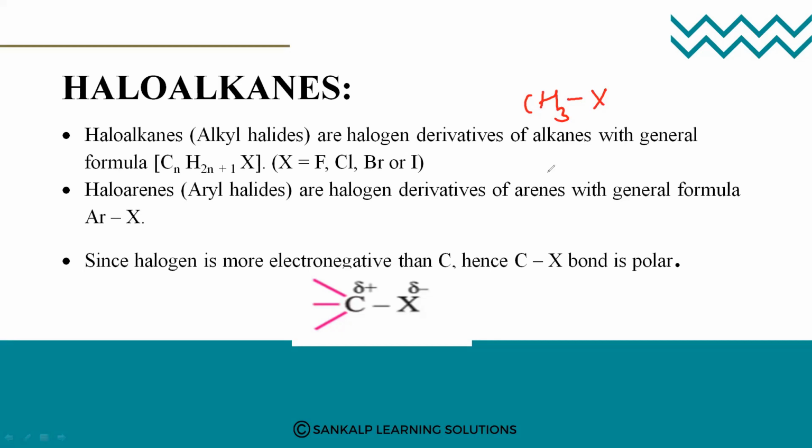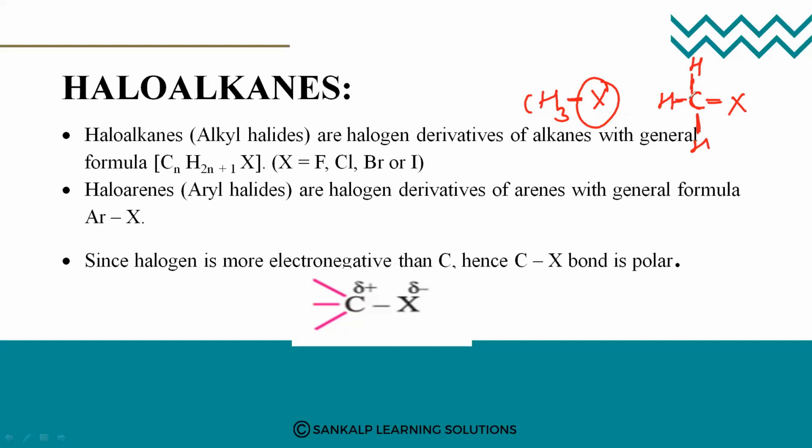The halogen atom is attached to an sp3 hybridized carbon. What do you mean by sp3 hybridized carbon? The carbon has single bonds, right? Here the halogen atom is attached to the carbon by a single bond, so it is called an sp3 hybridized carbon.